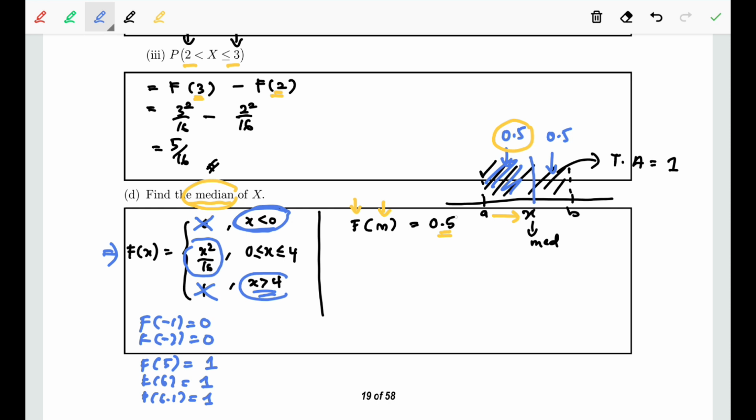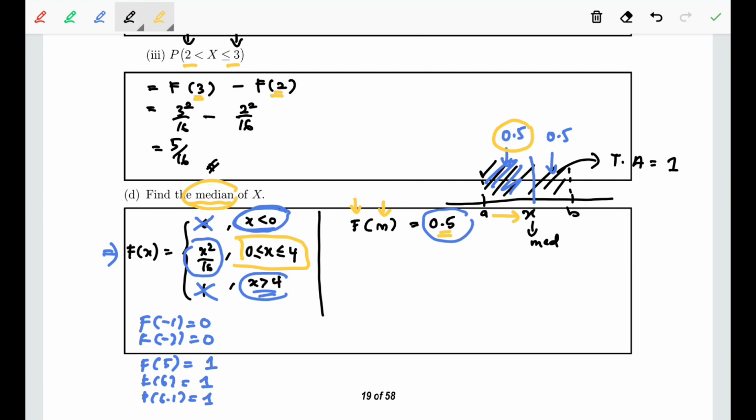We want to find the value of x that gives 0.5, so it should be in between the range of 0 until 4. It could be 0.1, 0.2, 2, 3, any x.